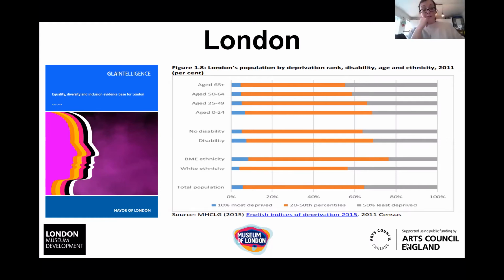And this figure is likely to go up as well, which is that 49 per 1,000 children in London are looked after by local authorities. According to GP records, approximately 2% of London's population, which is about 175,000 people, have a learning disability.